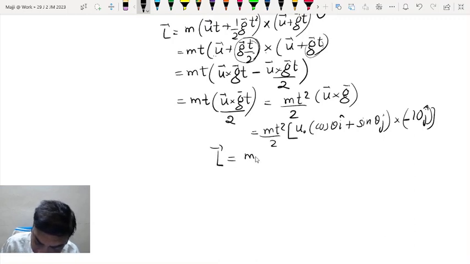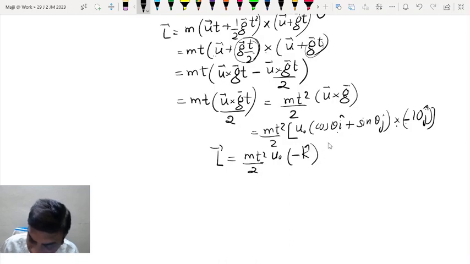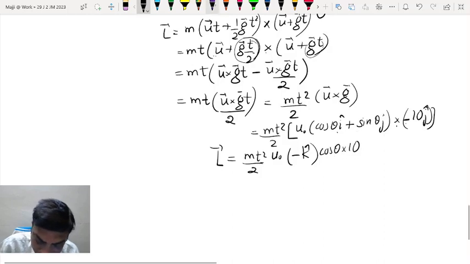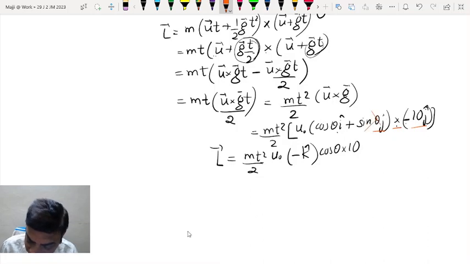The end result will be m t square by 2 into u naught i cross j. So i cross j is k cap, with a minus sign, so minus k cap, and here you can see cos theta will be there and 10 will be there. You see j cross j will be 0, so no need to consider this.